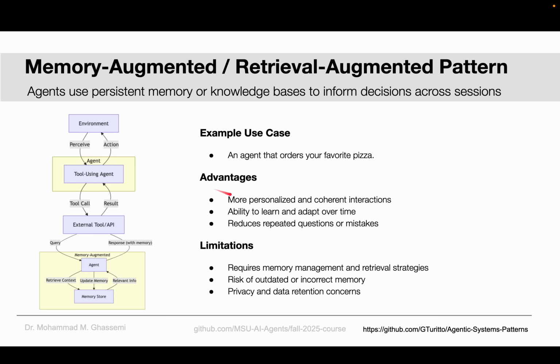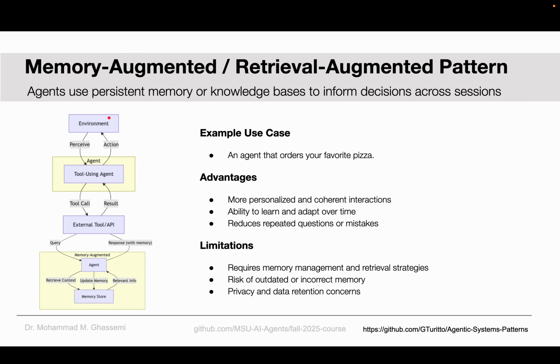An example of an agent that might need to use this is something that navigates the web, let's say to Domino's.com, and orders your favorite pizza. Why? Because in order to make the order, it has to remember first what your favorite pizza is. It would then also have to be able to take your credit card information, put it in the appropriate place, put your address, and so on. So it needs some memories about you, right? It needs to be able to not only have those memories about you, but to be able to retrieve the memories as a function of, let's say, what the web page contents look like.